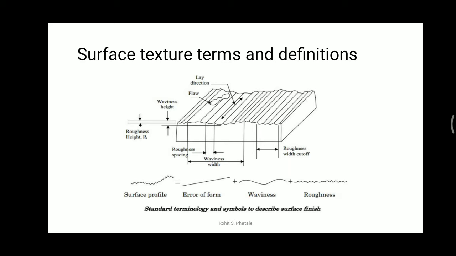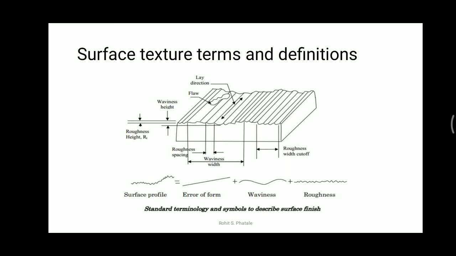These are the surface texture terms: the lay direction, the flaw, the waviness height, the waviness width, and the roughness height. All these parameters we must know.